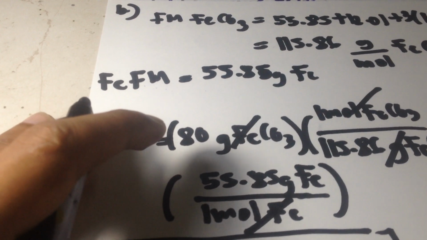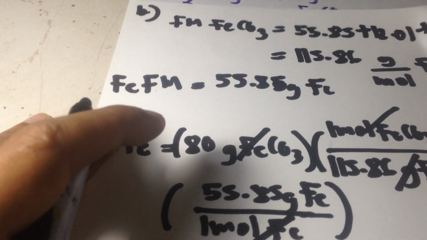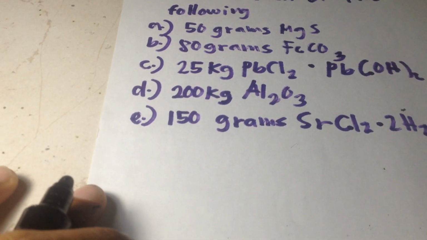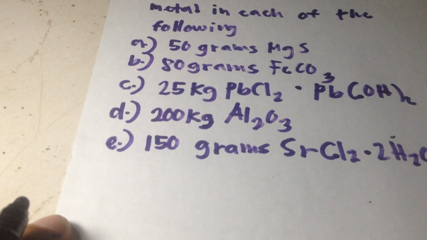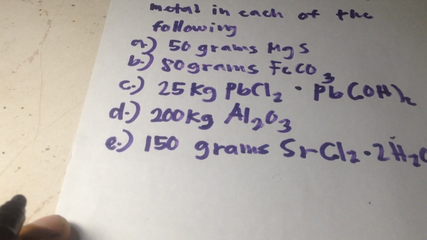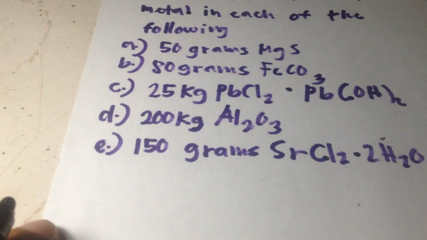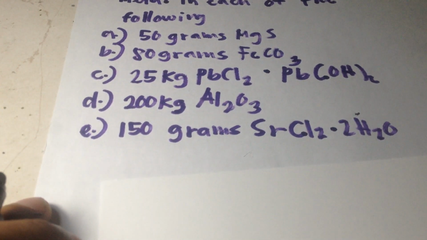In letter C, they have 25 kilograms of lead(II) chloride lead(II) hydroxide.